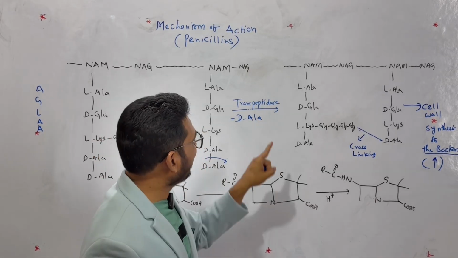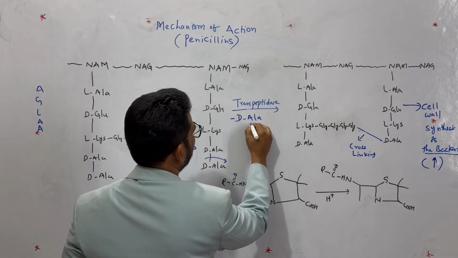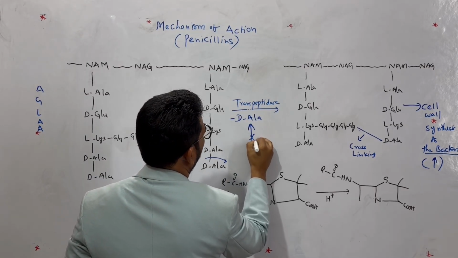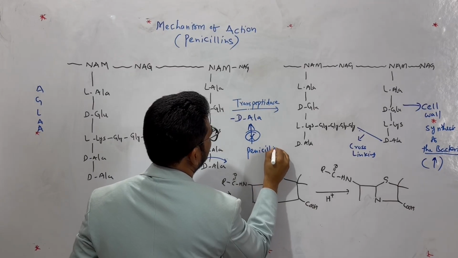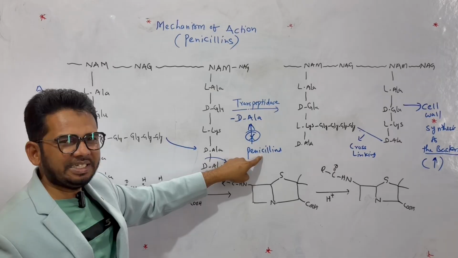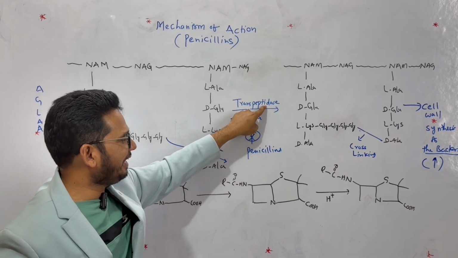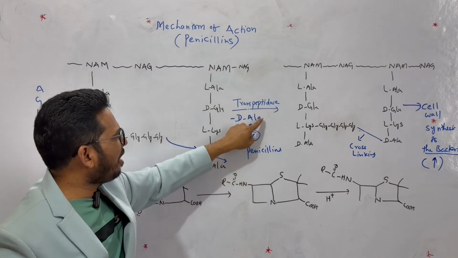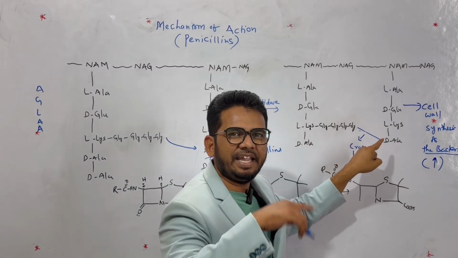That's why, to prevent this enzyme, what are we using? We are using penicillins. If we use penicillin, penicillin forms a bond with the transpeptidase. Once penicillin forms the bond with the transpeptidase, there is no cross-linking.